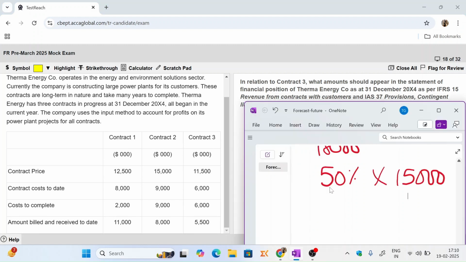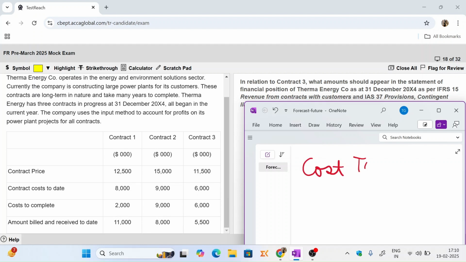So let's see about contract 3 now. Contract 3, the price is 11,500 and we are supposed to spend 6,000 more. 6,000 we have spent. So again you will find a 50% completion. Why? The total cost is going to be 6,000 that you have incurred till date and 6,000 that will still be spent.